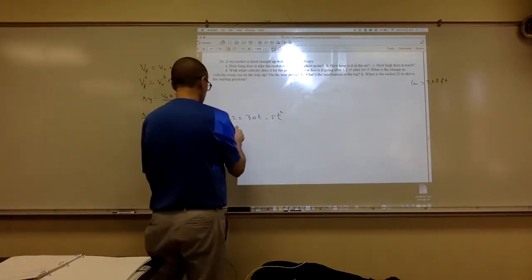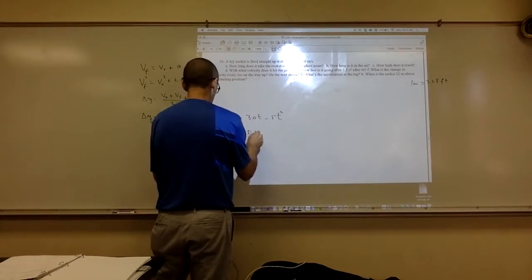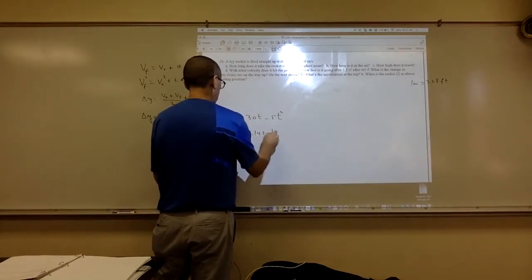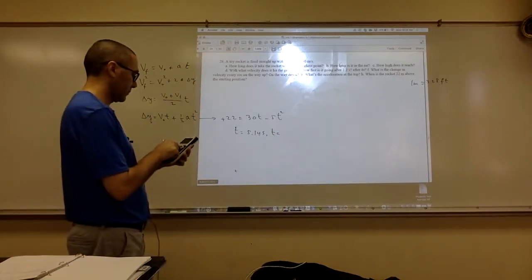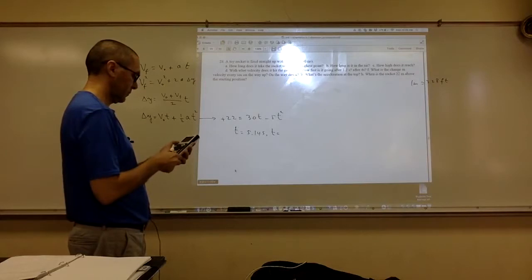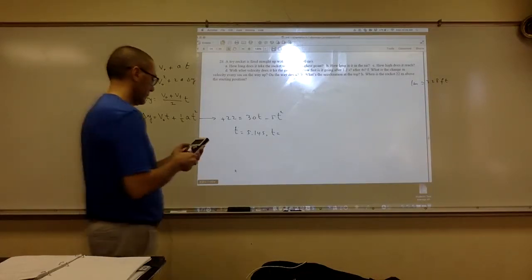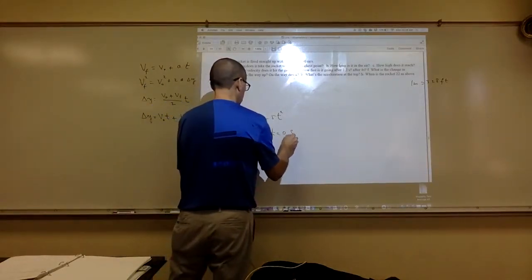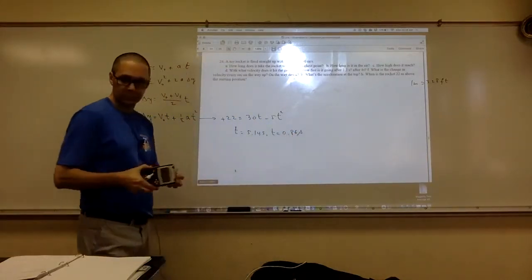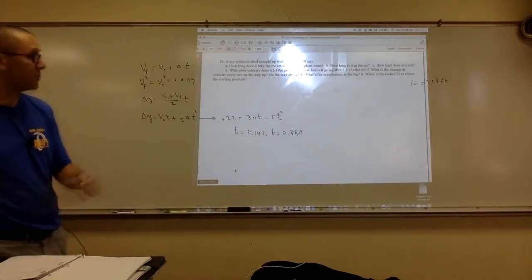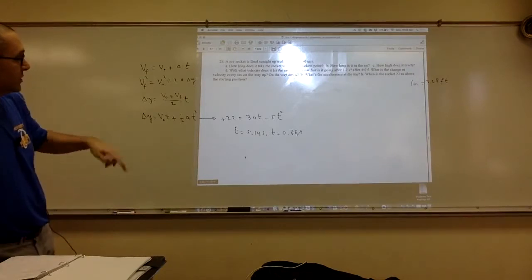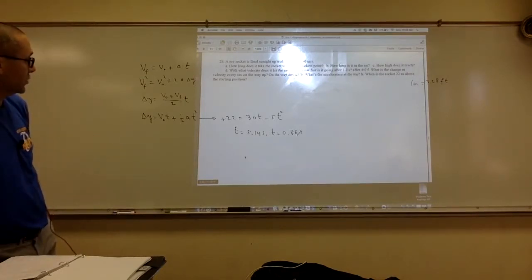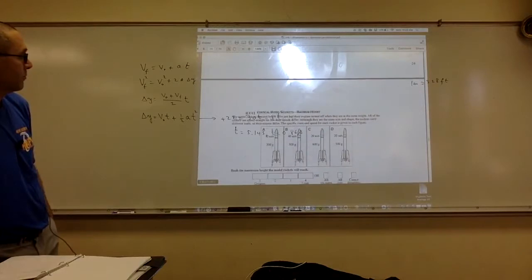Okay, one of the times is 5.14 seconds, and the other one is going to be 186 seconds. Okay, so whenever it says times or certain distance above the launch point, you have to use that equation that's quadratic with the time.